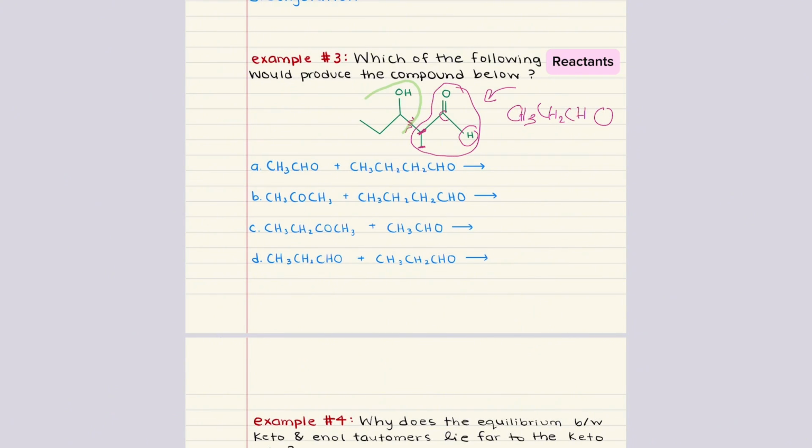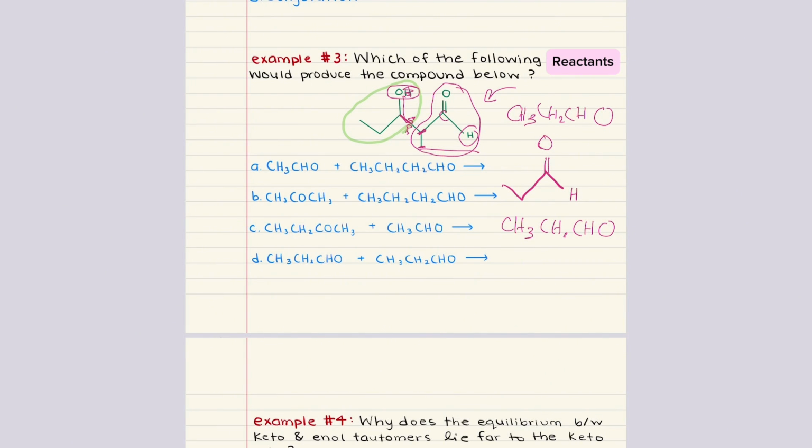So the other side is going to be our second reactant with a few modifications. We're going to convert this alcohol group to a carbonyl. And then where we created this little cut, that indicates that that carbonyl carbon is attached to a hydrogen. So our second reactant looks something like this. It looks exactly like our first reactant. So CH3CH2CHO.